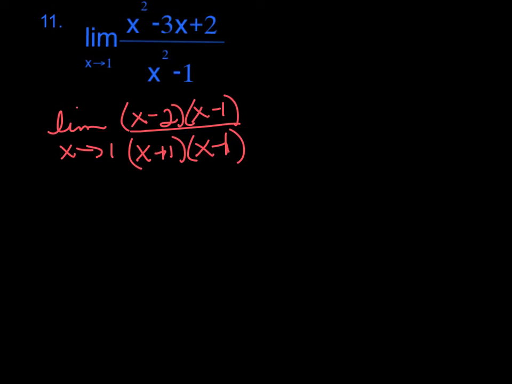And then we can see that we have a common factor right there. Okay, so we're going to cancel those guys out. And then all we're going to do at this point is take this 1 and plug it into the denominator, and plug it into the numerator to evaluate that. So when I plug it into the numerator, I end up getting negative 1. When I plug it into the denominator, I end up getting 2.